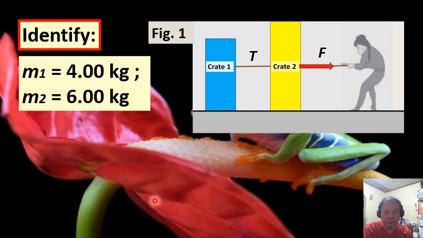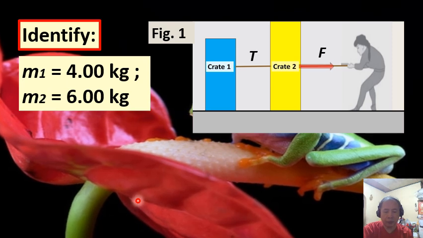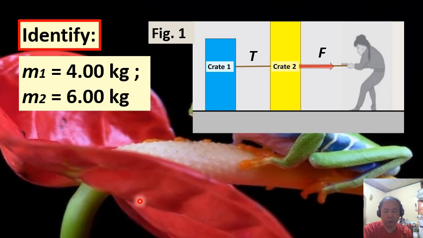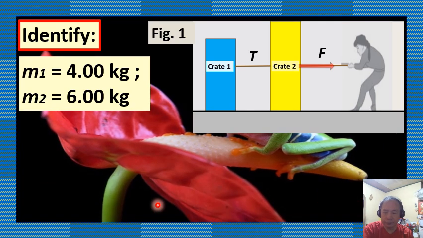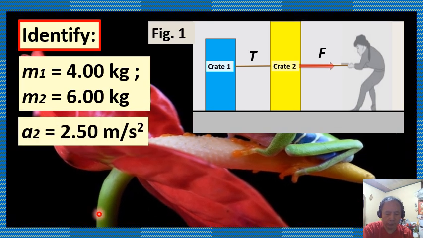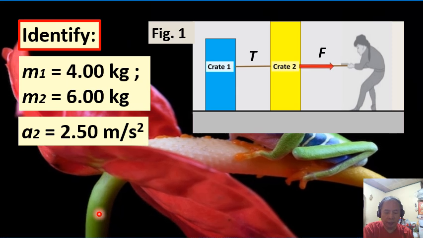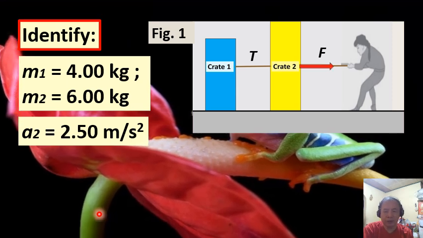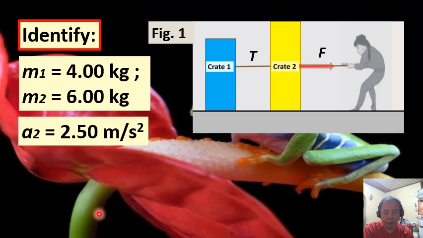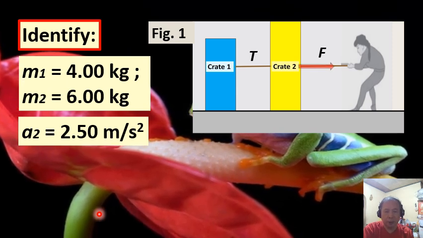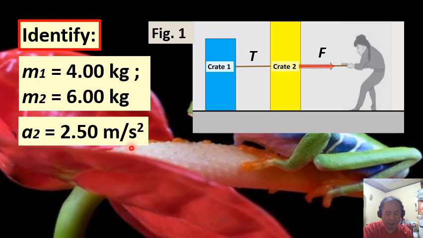We are given the mass of each crate. Crate 1 has 4.00 kilograms and crate 2 has 6.00 kilograms. Crate 2 is directly pulled by the woman with a horizontal force capital F that gives crate 2 an acceleration of 2.50 meters per second squared.